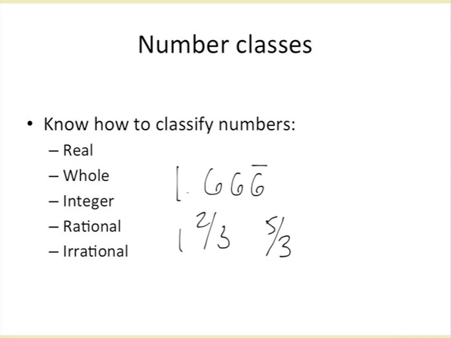So like pi, 3.14159 and blah, blah, blah forever, and it never starts to have a pattern of repeats. So that's an irrational number. So pi is irrational, or like square root of 2, or square root of 5. Any of those square roots that don't work out evenly are irrational numbers. Okay? Questions on that?